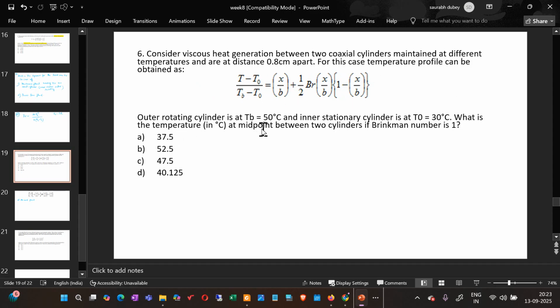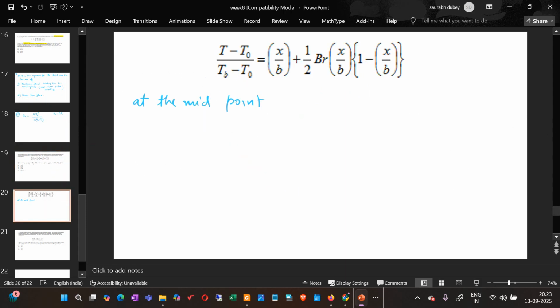Outer rotating cylinder is at Tb equals to this, inner cylinder is at this. What is the temperature? Here the Brinkman number is 1. Midpoint between the two cylinders is asked. So B by 2 is the midpoint because the cylinder was having this distance B, right? So here you are having Vb equals to omega into R.